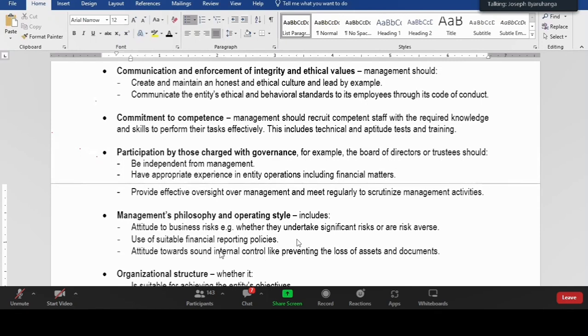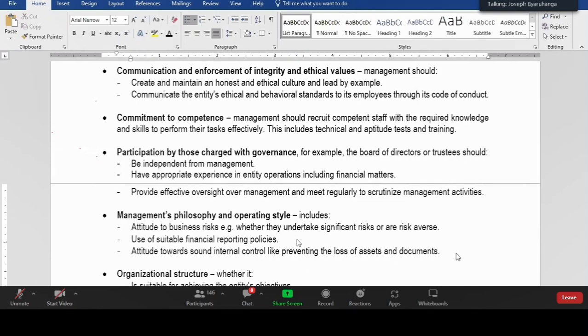That was the MD of a bank. No wonder the bank collapsed, and the MD is no longer alive. The collapse of the bank, I think, partially led to his death. Now you can see the attitude towards sound internal control. Of course, the MD didn't want internal audit in order to avoid auditing the loans they were giving to themselves. No wonder the bank collapsed because of insider lending.